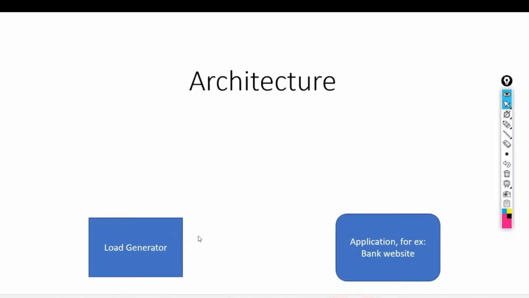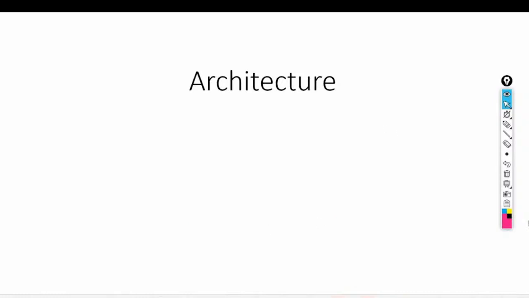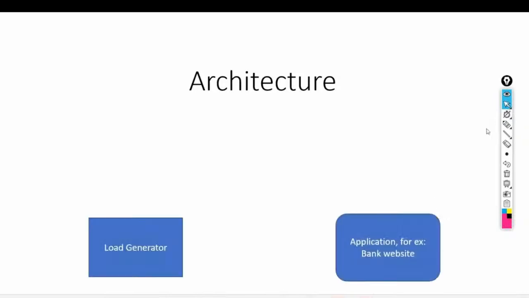These virtual users also mimic the same human actions. And these load generators are also highly configured machines. Based on the configuration of the machine, we can generate a number of virtual users.